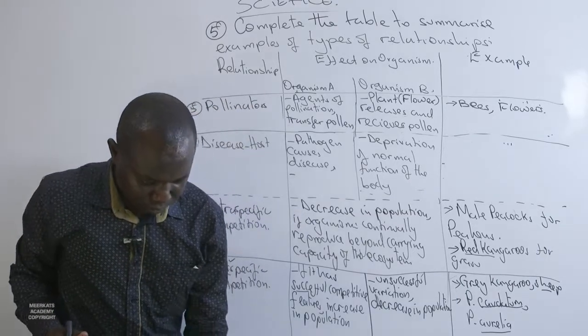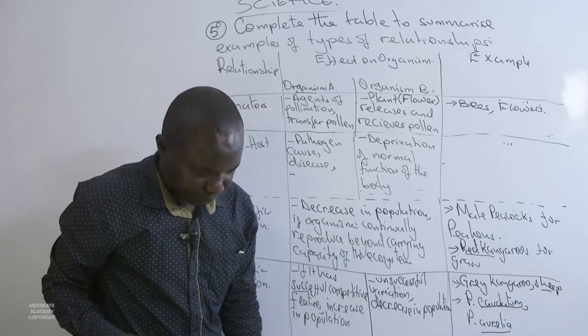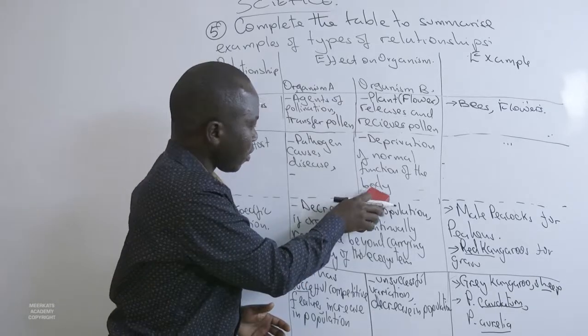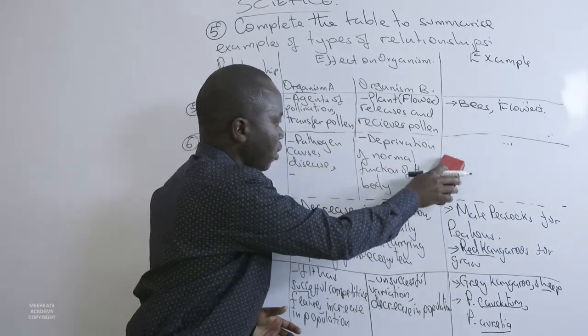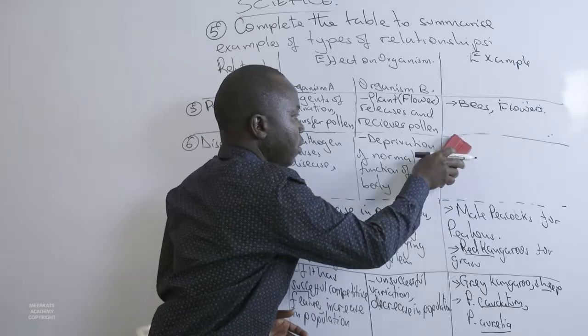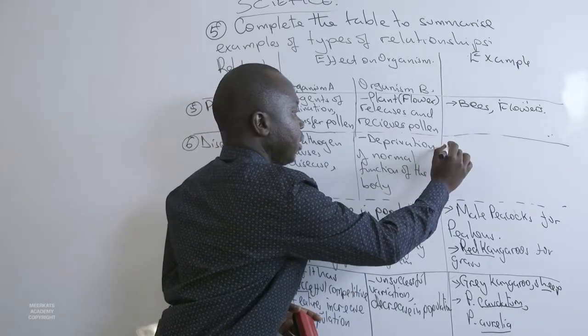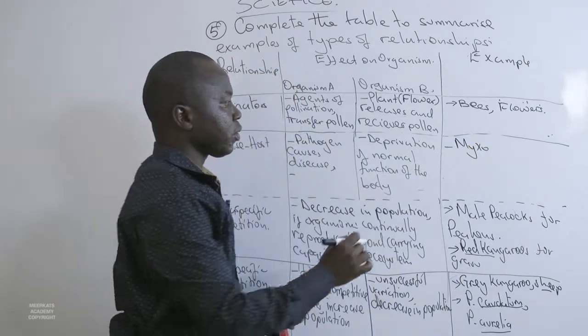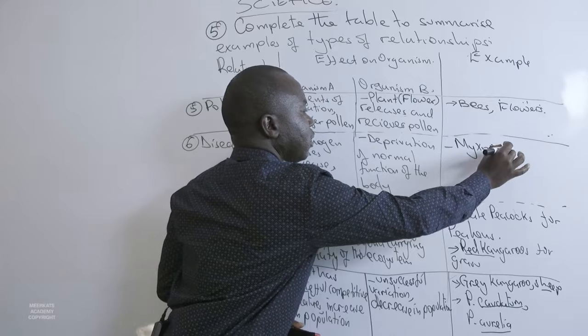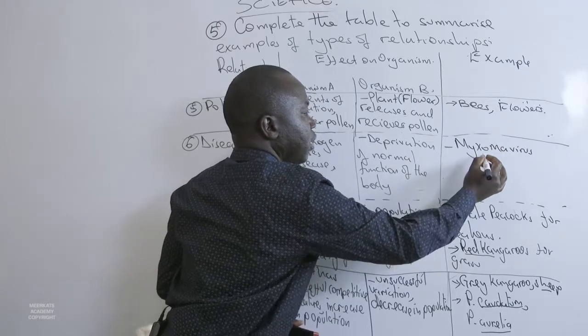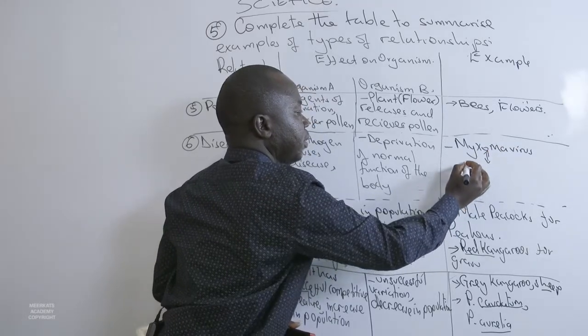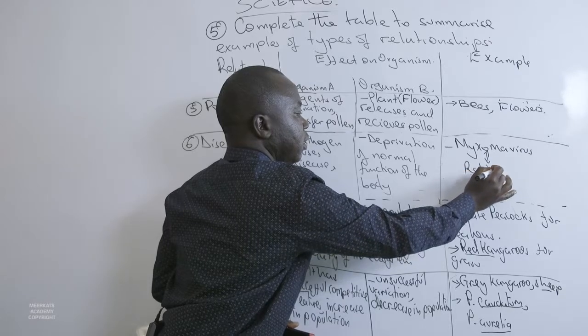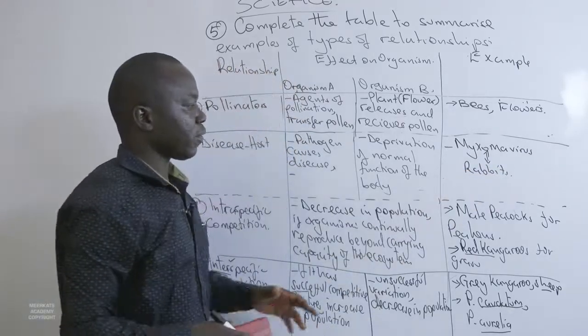So we can use an example. We have a pathogen called the myxoma virus that infects rabbits.